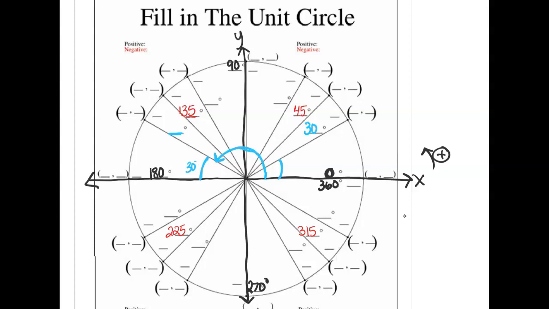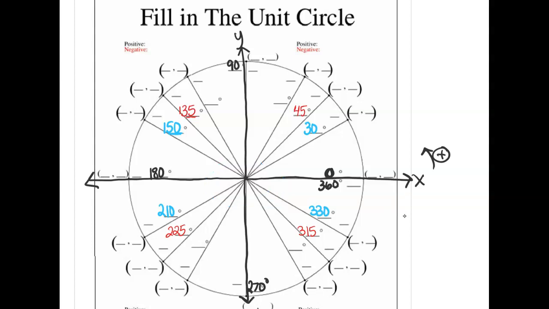So if I did 180 minus 30, that tells me this is 150 degrees. And then we do the same things on the other sides. So 30 past 180 degrees is 210. And right here, almost all the way to 360, but stopping 30 degrees short, is 330 degrees.